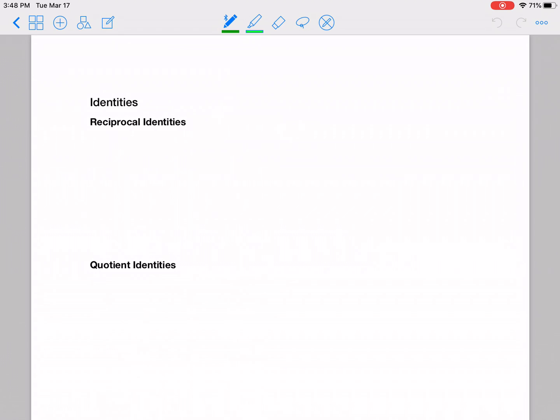Next, we're going to look at some identities. These are just basically things that are always going to be true. First, the reciprocal identities, which we kind of just wrote out on the other page: secant of t is 1 over the cosine of t. Cosecant of t is 1 over the sine of t. And cotangent of t is 1 over the tangent of t, which again I just did in the previous one.